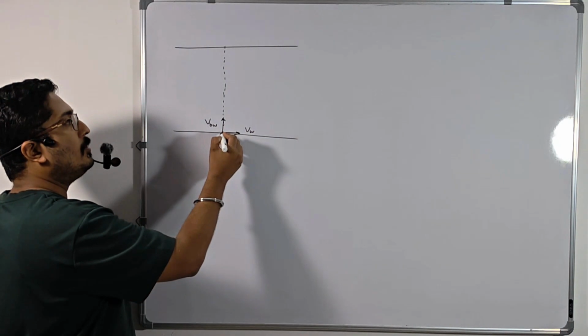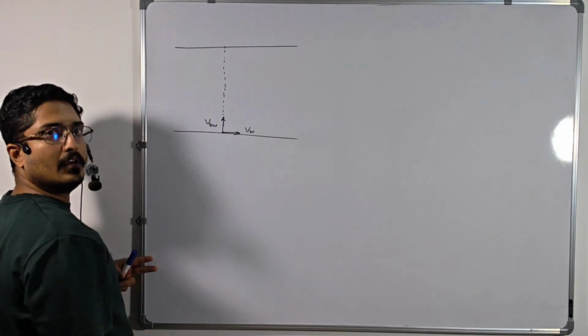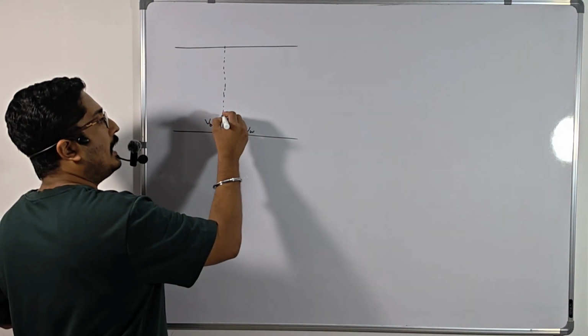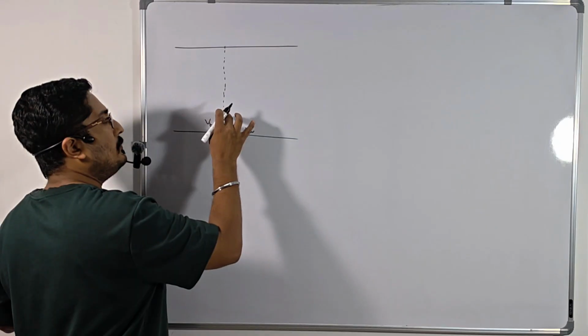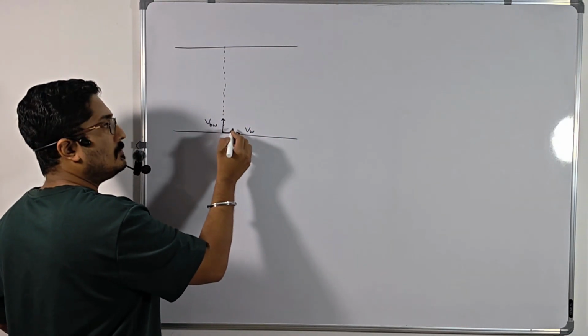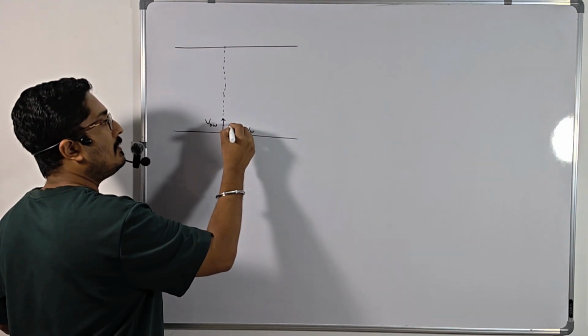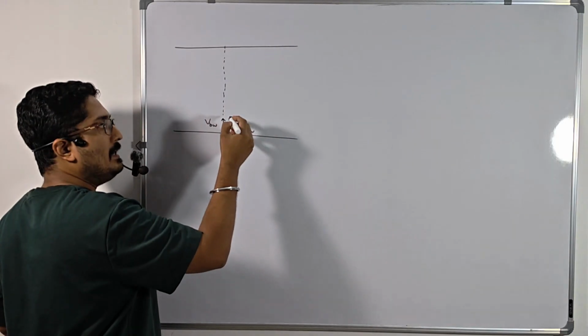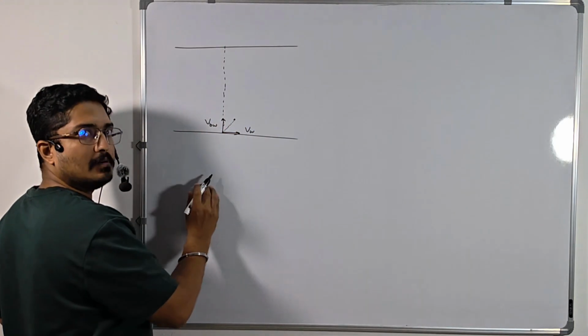After some time, the boat has reached, let us say, somewhere here. Okay, and then again the boat will not be actually reaching here, right? Because of these two velocities, the boat would be having a resultant in this way, and the boat might reach somewhere here after some time.